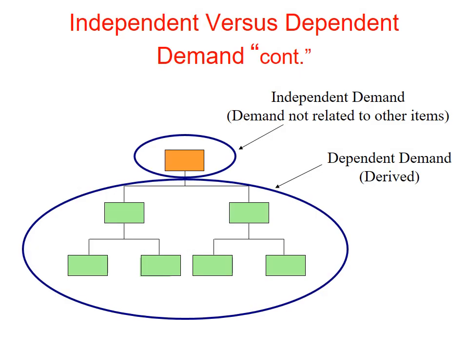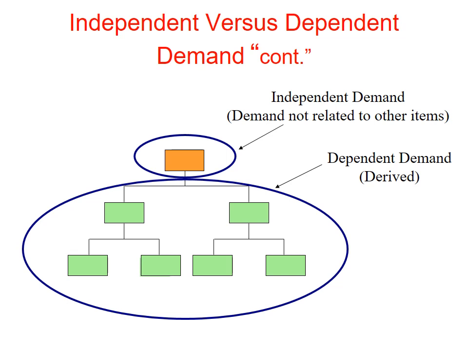This shape represents the independent demand, not related to other items. And the other shape represents the demand for dependent items, such as subparts and assemblies that are required to produce one item of the finished product.